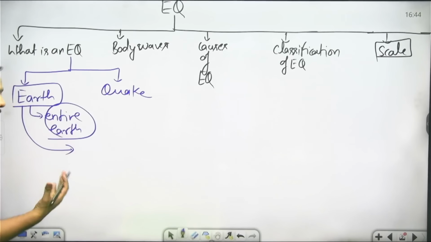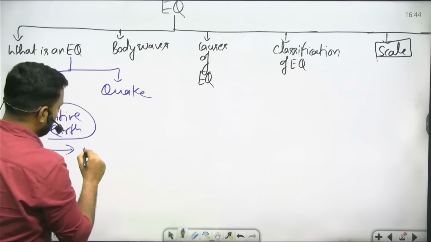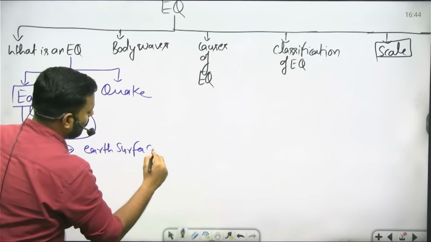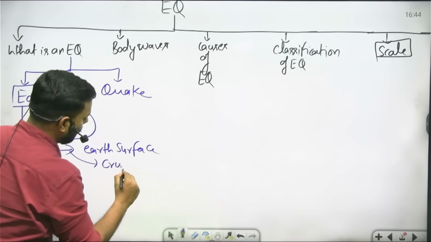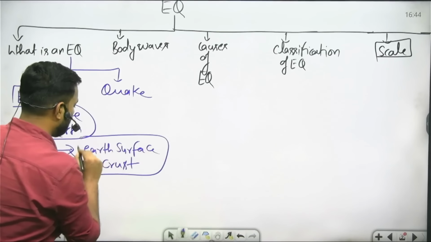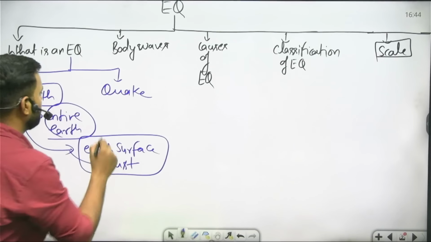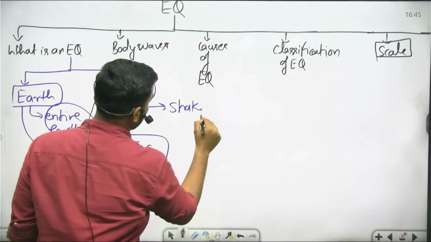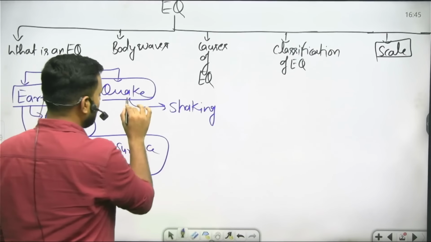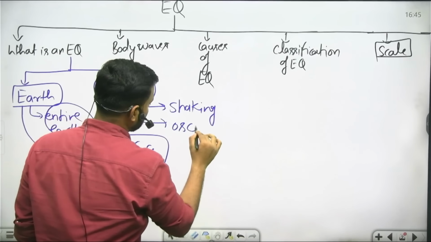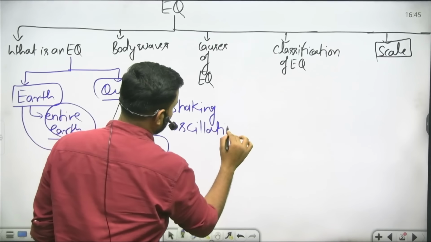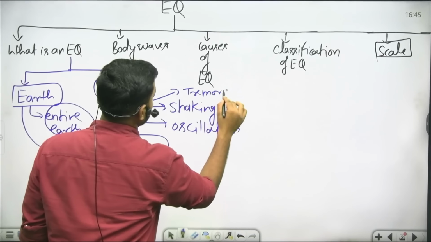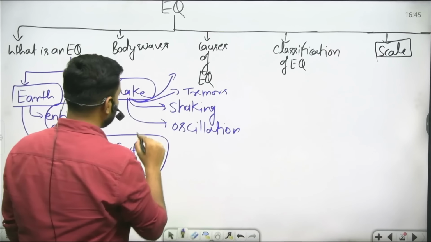In the context of earthquake, it refers to the earth surface, or most probably the crust, the uppermost part of the earth. Quaking means shaking, oscillation, tremors, or you can say vibration.